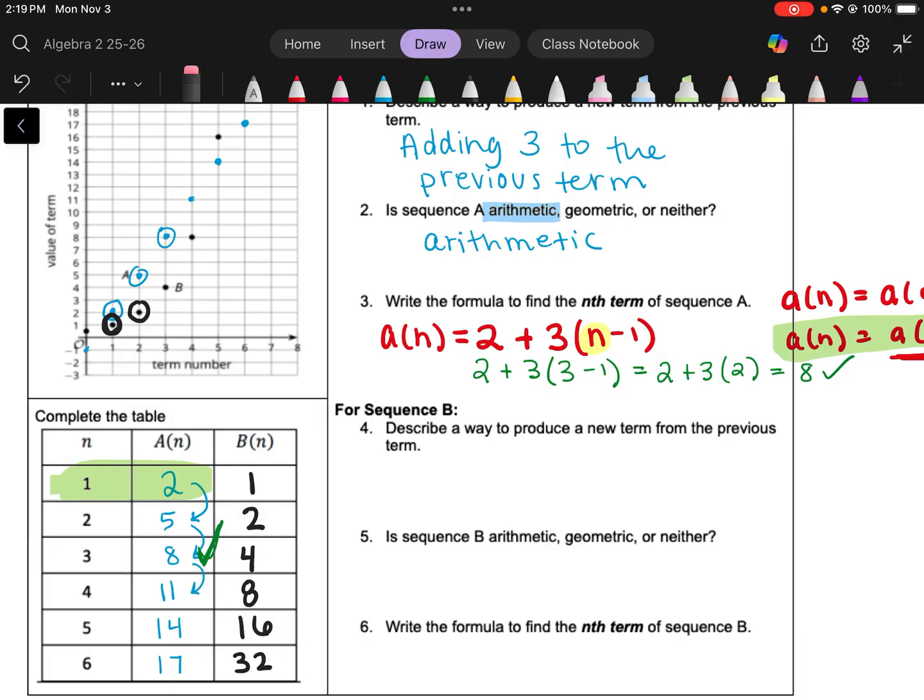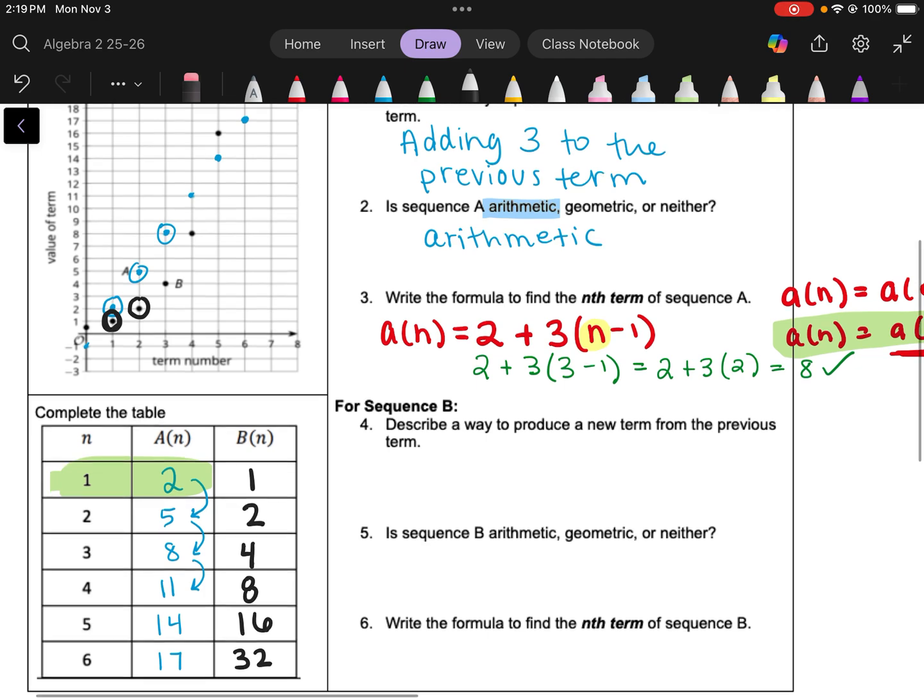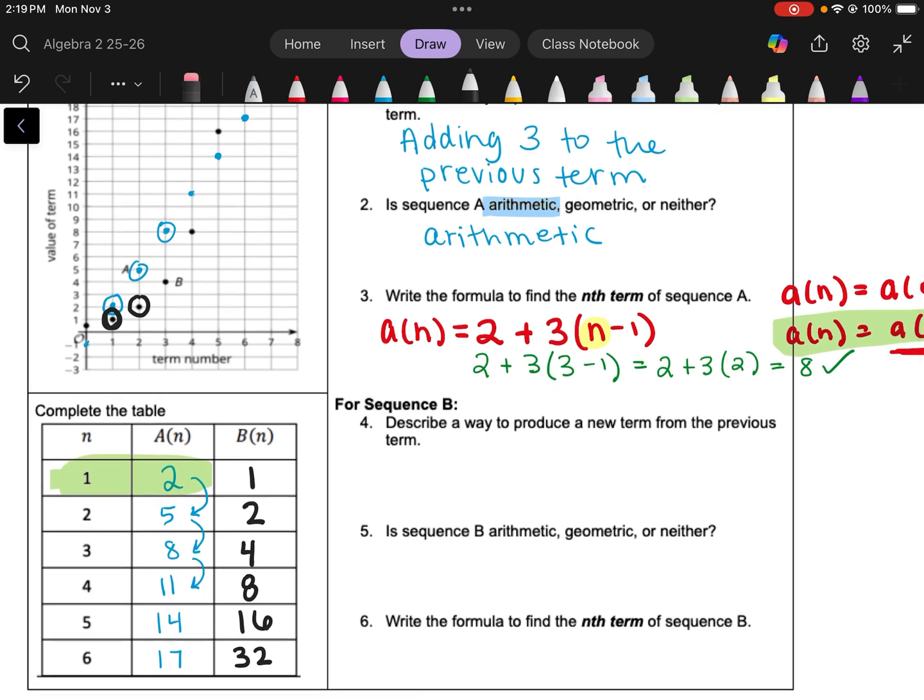Now let's look at sequence B. How can you produce a new term from the previous term? So what operation are you doing with 1 to get to 2, to get to 4, to get to 8?